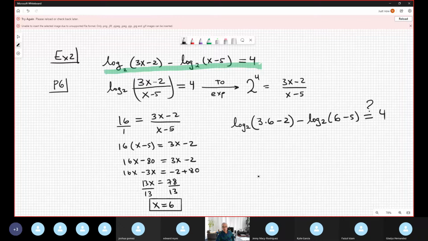Logarithm base 2 of 18 minus 2, which is 16, minus logarithm base 2 of 6 minus 5, which is 1, should be 4.